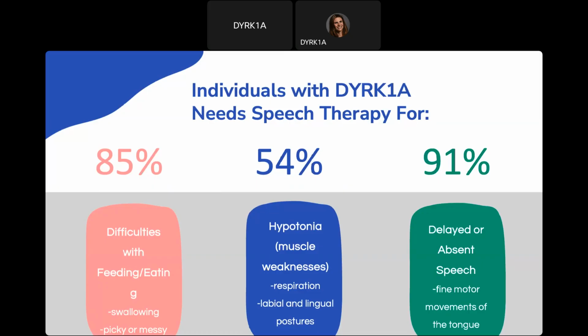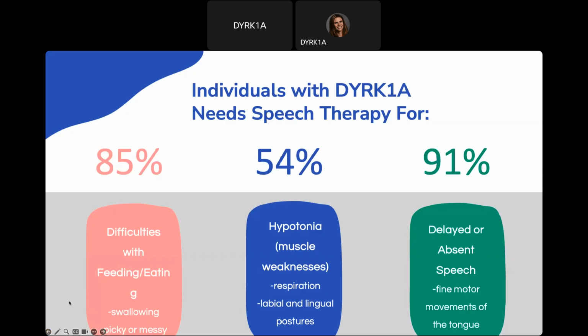If that's weak, it's going to be hard to exhale, to project your voice, all these things. And then it can also impact labial and lingual tongue postures. 91% have delayed absence speech. Now knowing the development and all of the sensory, motor, and visual things that you learned earlier, this makes sense. Because there's a lot of skills that lead into it.